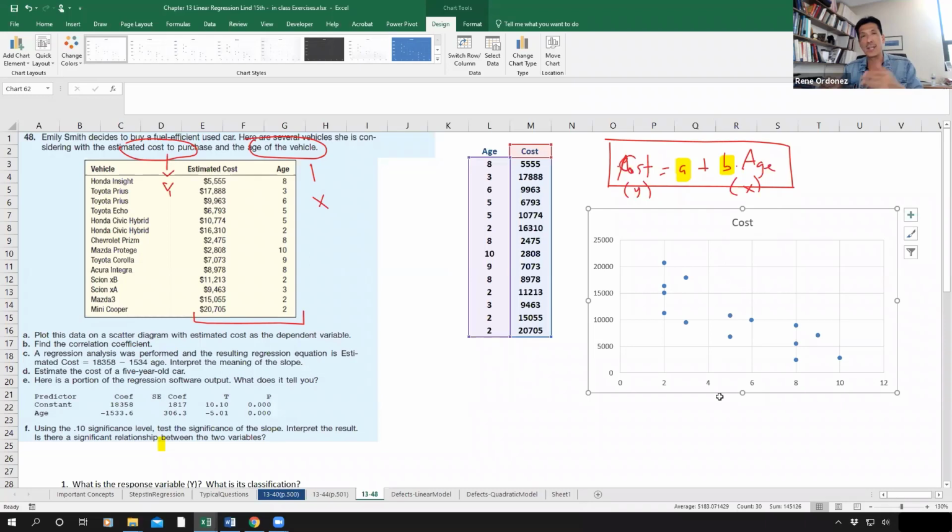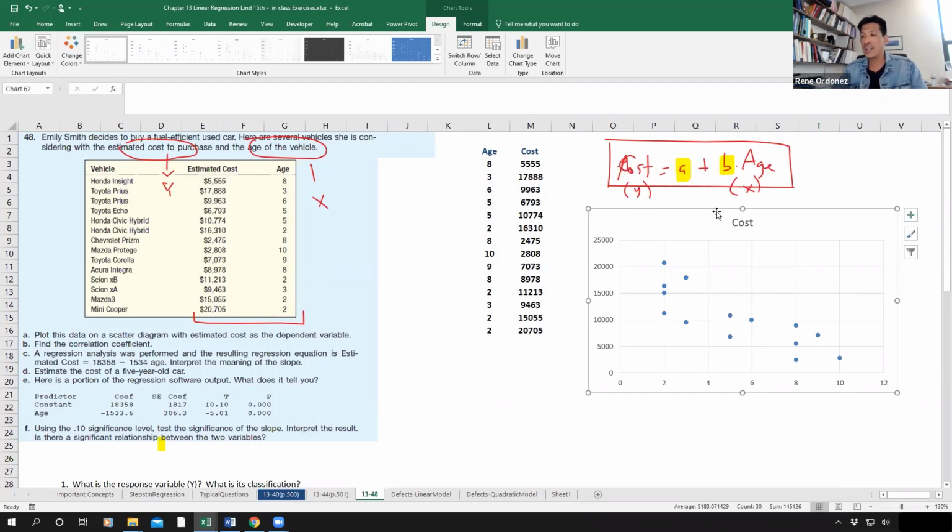But I'm not going to do that now in the interest of time. If you want to learn how to do that again, you can always go back to the recorded session on 13.40, where I show the process for changing the labels of a graph.